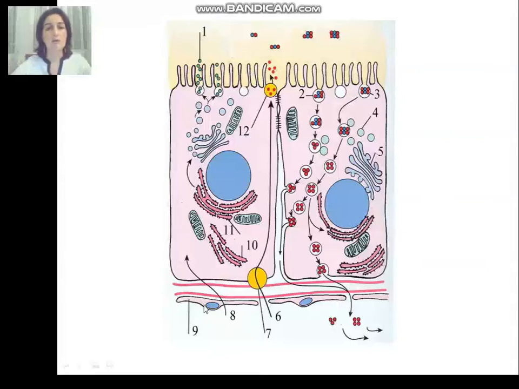And so in first step, these follicular cells have to take up the necessary substances for production of the hormone. Number 8 is amino acids and all of the necessary components that are received from the blood circulation. Then in rough endoplasmic reticulum there is production of the polypeptide chains.